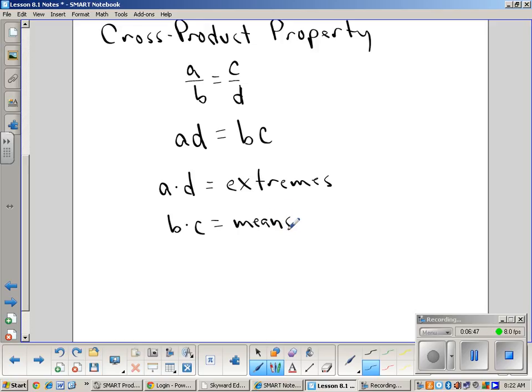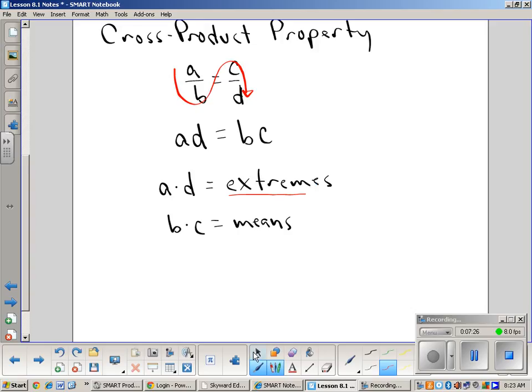I think of it as, if I went in order like this, A is the first one I would come to, D would be the last one I would come to, and I think of the A and D as on the outside, the outer two, and so those are on the extreme ends of this, and that's how I remember to think of A and D as the extremes, and B and C are in the middle, and I think of the middle as the means, and I don't know if that'll help you or not, but that's the way I think of that.